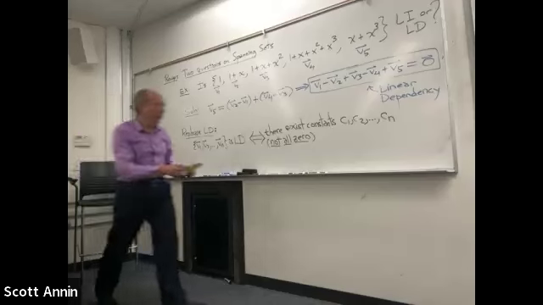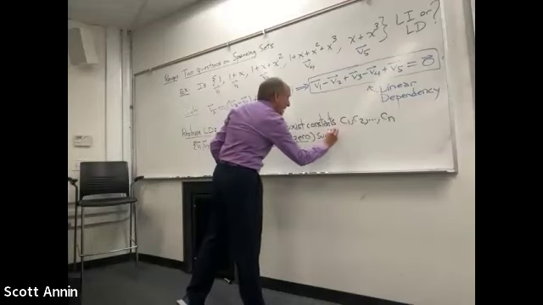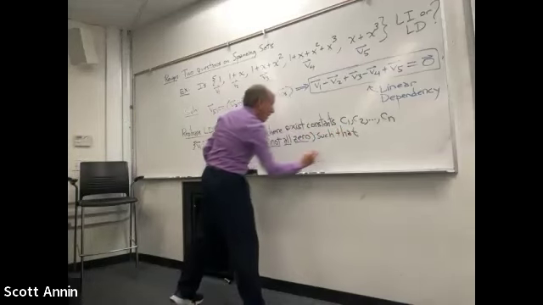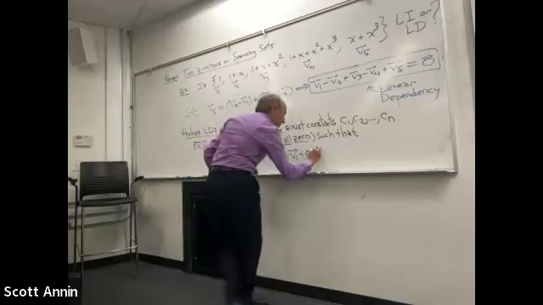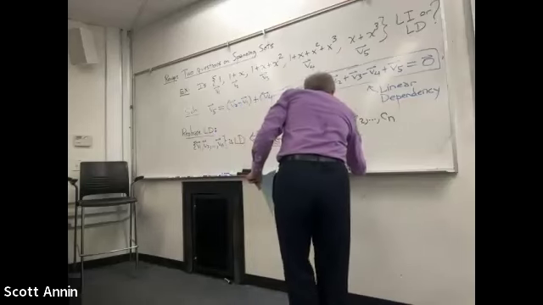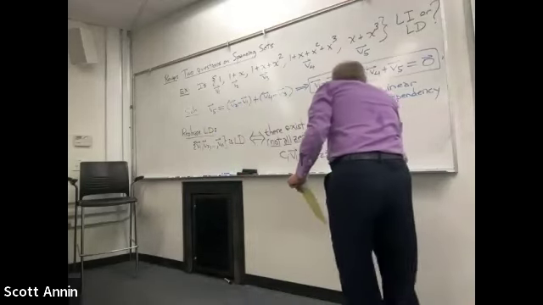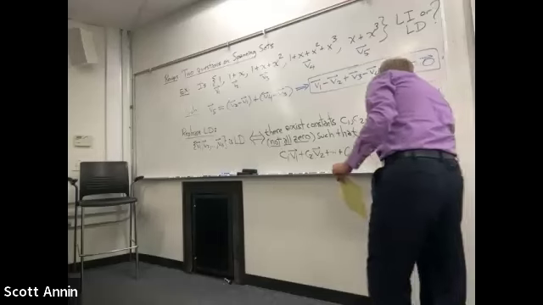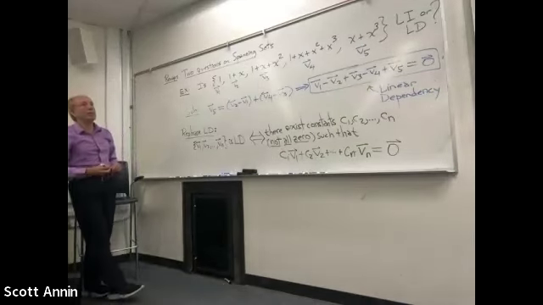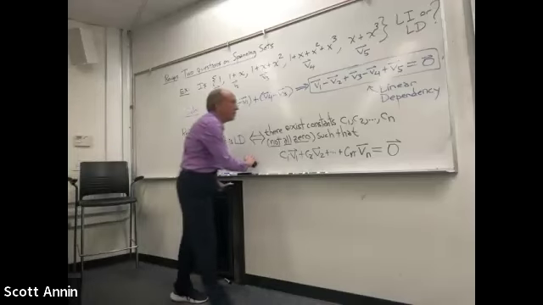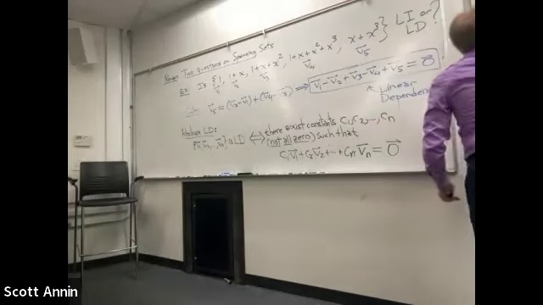Not all zero, such that C1 times V1 plus C2 times V2, dot, dot, dot, up to Cn times Vn is equal to 0. This is what LD really means when we rephrase it.